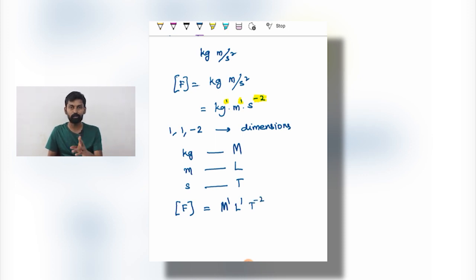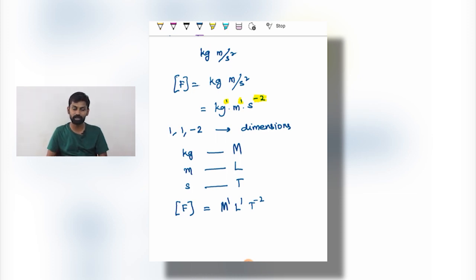So, 1, 1 and minus 2 are the exponents to which the fundamental quantities M, L, T are raised to express a derived unit called force. Those 1, 1 and minus 2 are called dimensions, and M power 1, L power 1, T power minus 2 is called the dimensional formula.